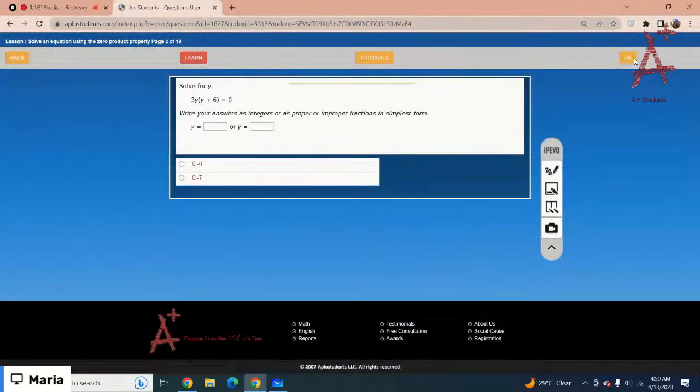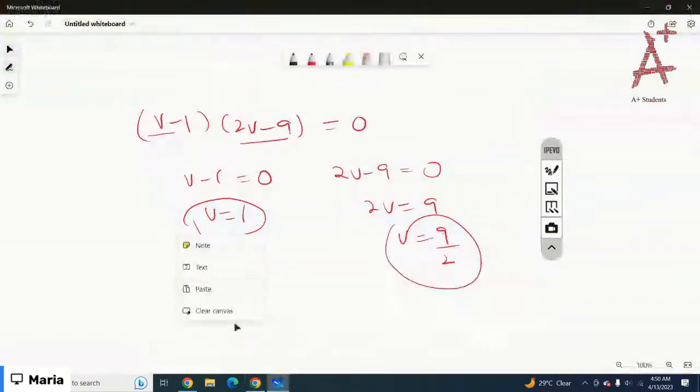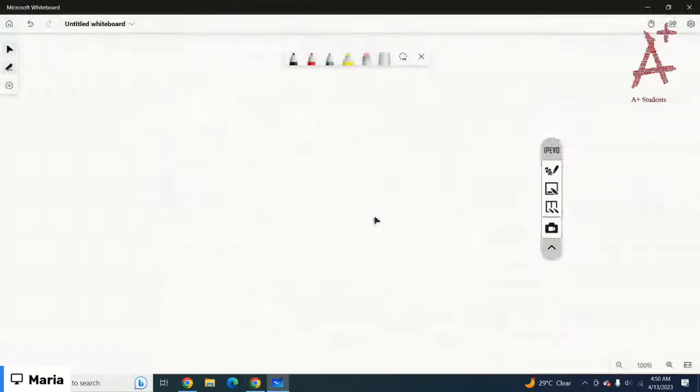Okay, the next one is 3y times y plus 6 equals 0. So either 3y equals 0 or y plus 6 equals 0. Got it? So in this case, 3y equals 0, y equals 0.